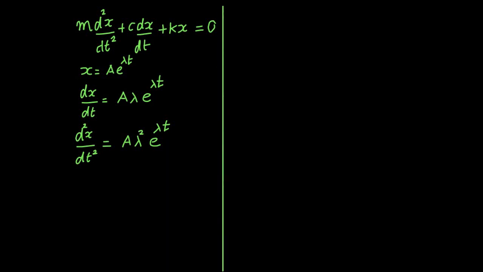If you start feeding the values, it is going to be m into d square x over dt square, which is a into lambda square into e raised to the power lambda t, plus c into dx over dt, which is going to be a into lambda into e power lambda t, plus k into the value of x, which is a into e power lambda t, and that is equal to 0.